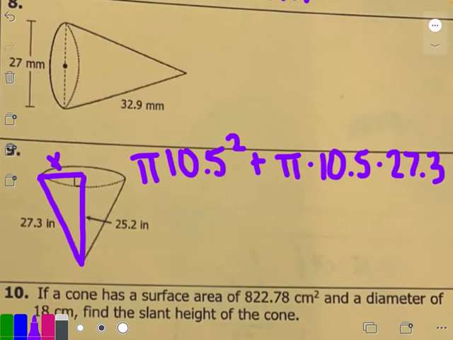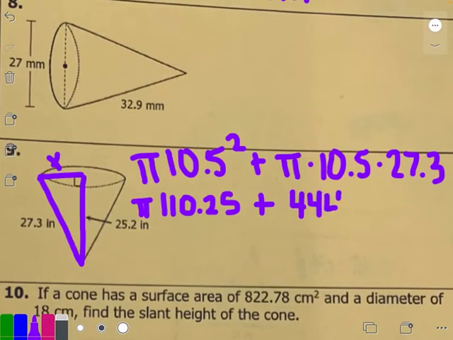And I know 10.5 squared is 110.25 because I just did that, plus 10.5 times 27.3 times pi is 444.15 pi. You can treat those like terms.